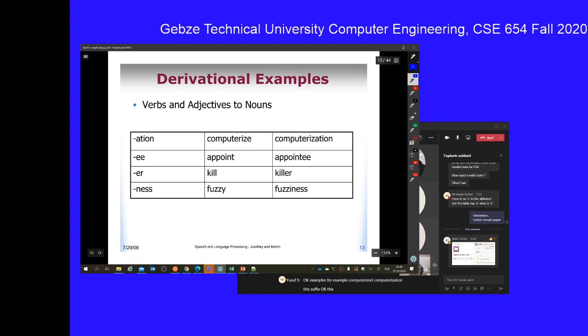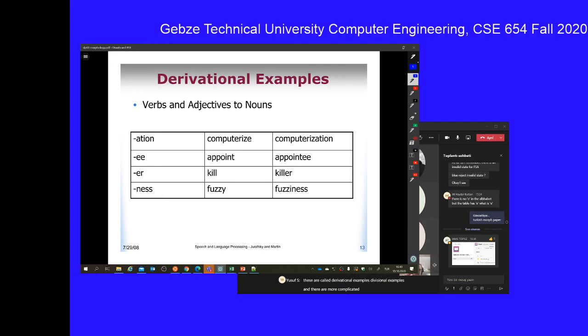This affix or suffix, when you add it to computerize, it becomes computerization. Appoint, appointee, okay? Kill, killer, fuzzy, fuzziness. So the meaning changes and you get a new word, and these are called derivational examples.